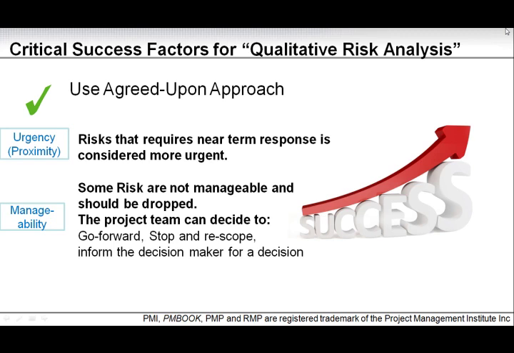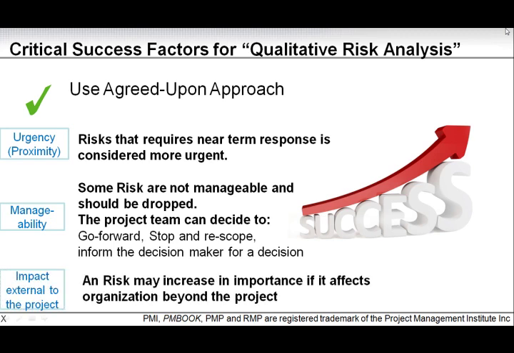The second one is manageability. Some risks are not manageable and should be dropped. The project team can then decide to go forward, stop, rescope, or inform a decision maker for a decision. So this is all for handling risks that are not manageable within the project team.